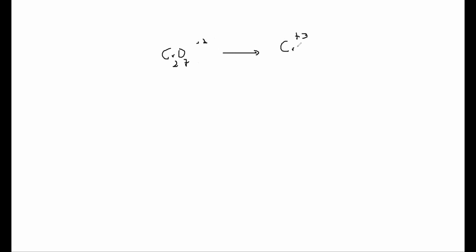If I say balance in acidic medium, first you add water to balance oxygen, then you add proton to balance hydrogen, and then you add electron to balance charge. Here the charge is minus 2, here the charge is plus 3.